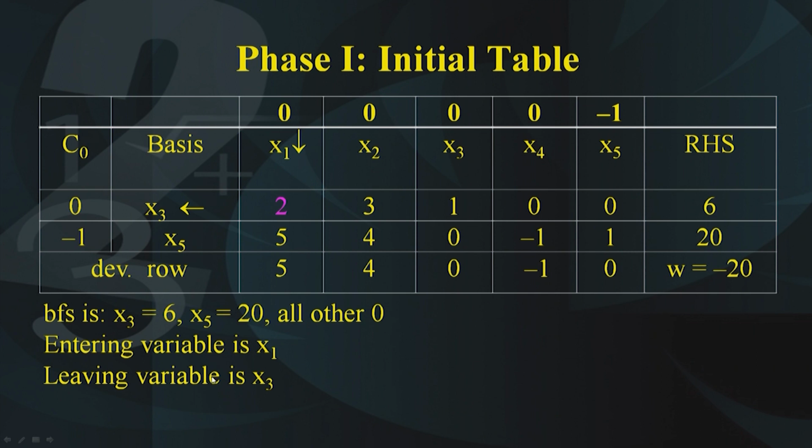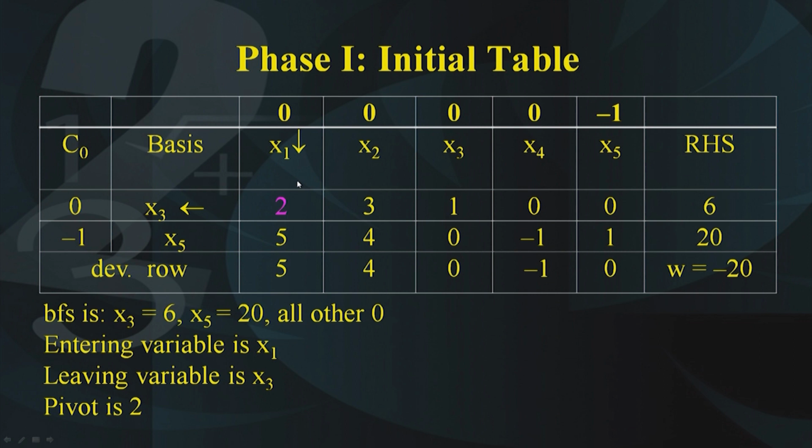So, the decision is that the leaving variable should be x3, and this tells us that the pivot should be 2, which is shown in the pink color. So, 2 is the pivot and we have to apply the elementary row operations in such a way that this 2 becomes 1 and this 5 becomes 0.